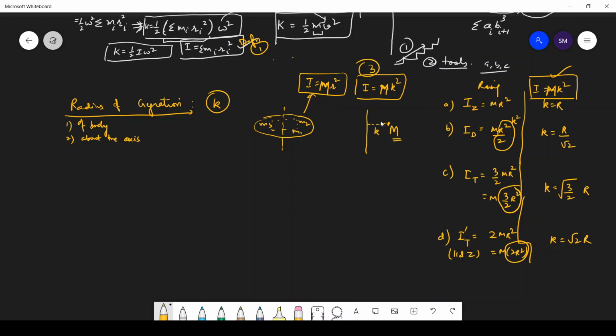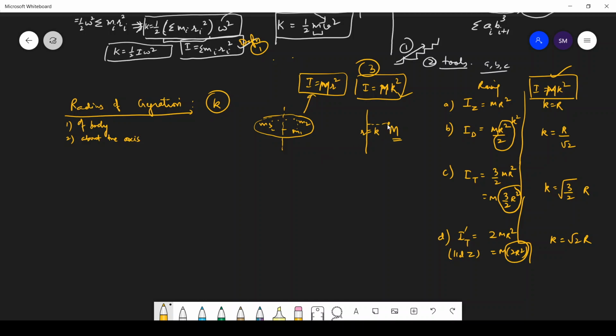So the moment of inertia is I equals mass of this particle into its distance from the axis, so here r has become your k. That is the meaning of radius of gyration. So I equals mk square.